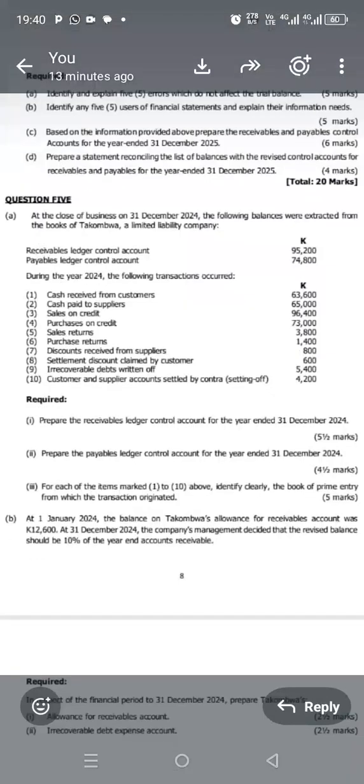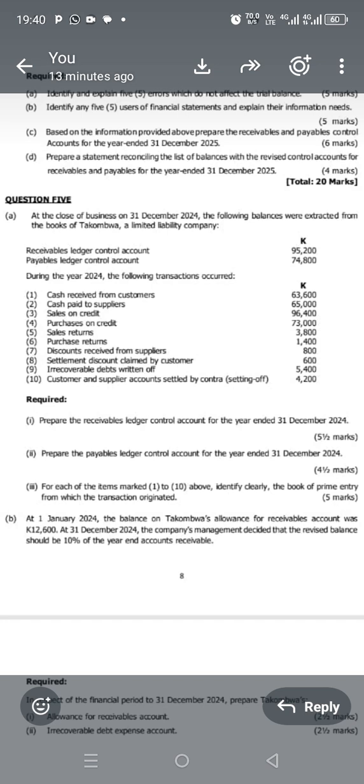You keep on going. So we go to transaction number 6, purchases returns. This purchases returns is going to be recorded in the payables ledger control account. Okay, so we can jump that one.